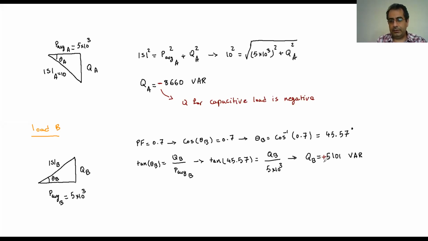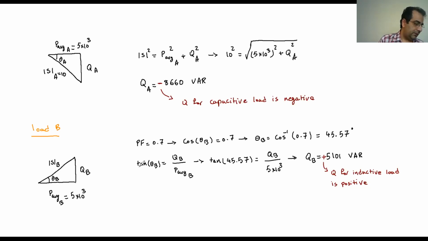So we know the Q for an inductive load is positive. So we keep a positive sign for that to make sure that we have the correct value. So we can use this triangle for the calculation of that.